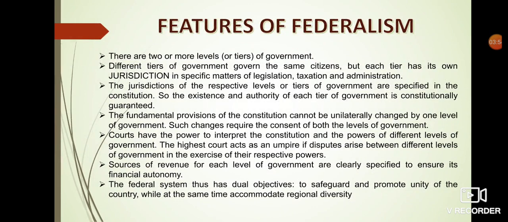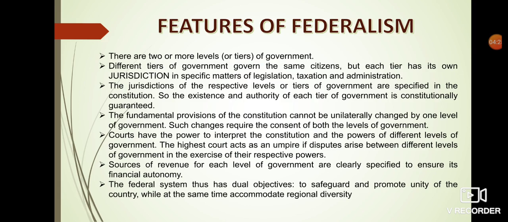Now let us see some of the features of federalism. Children, this question often comes in the exam. There are 7 features given. There are 2 or more levels of government in federalism. Different tiers of the government govern the same citizen, but each tier has its own jurisdiction in specific matters of legislation, taxation, and administration.